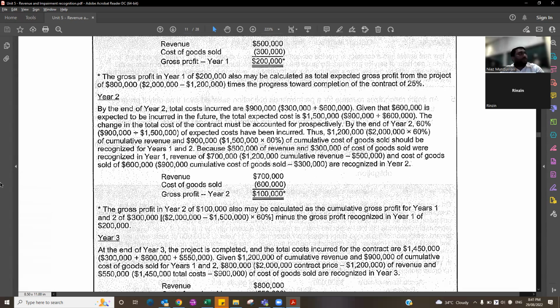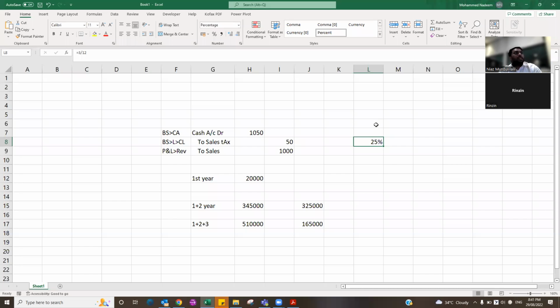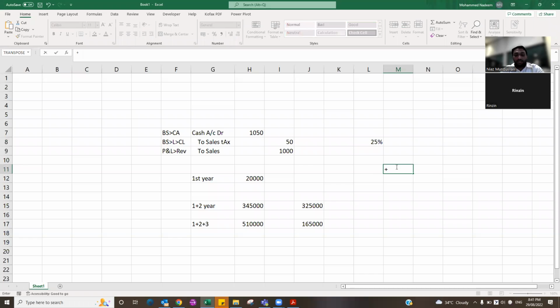Now, next, what happens in year two? 300,000 he spent. And in the second year also, he spent an additional 600,000. So 900,000 he has already spent, and he expects an additional expense of 600,000, right?